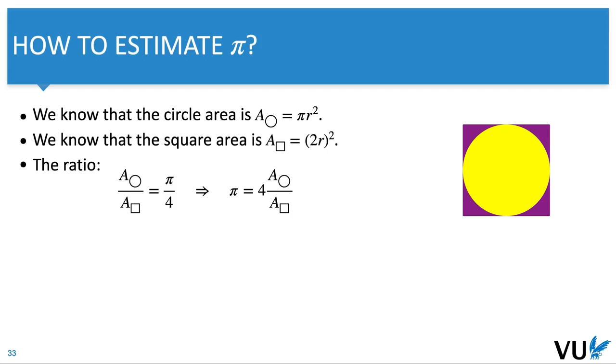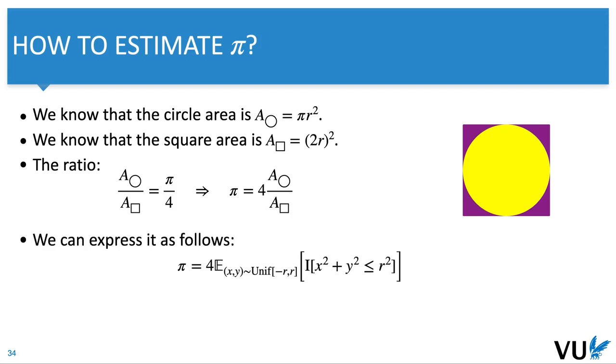So what we can do, we can express it in the following way. We can actually start sampling. We can start sampling from a square where the side is 2r, right? And we can look whether a point hits the yellow part, so hits the circle, okay?